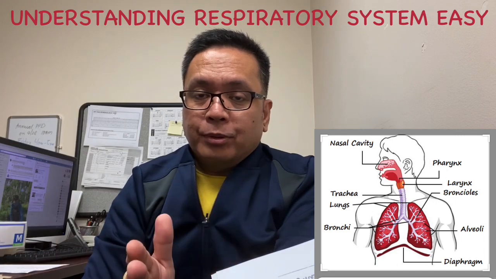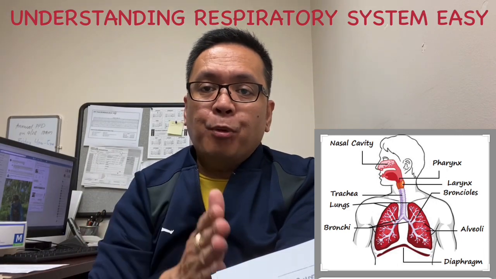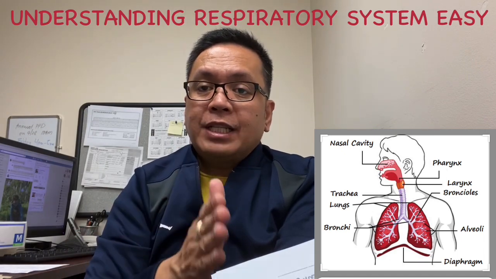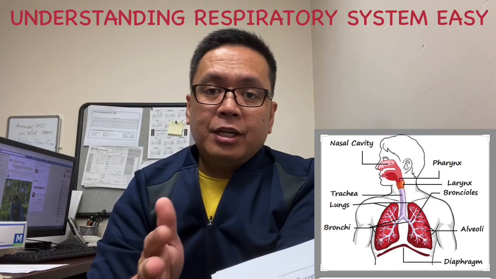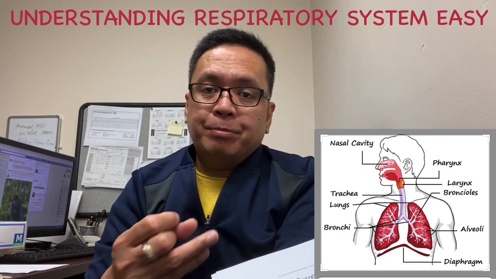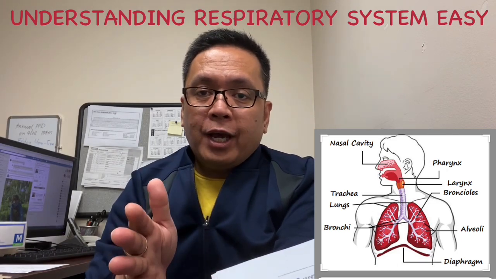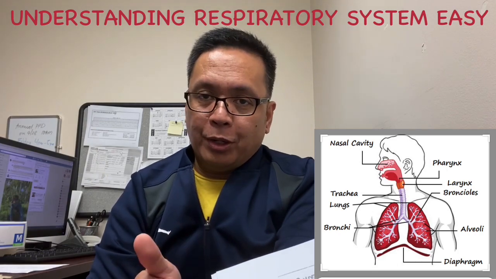The right bronchus is shorter, wider, and more vertical than the left. The right lung is larger also. In fact, it has three lobes: the upper, the middle, and the lower lobes. The left is smaller and has only two lobes, the upper and the lower lobe.